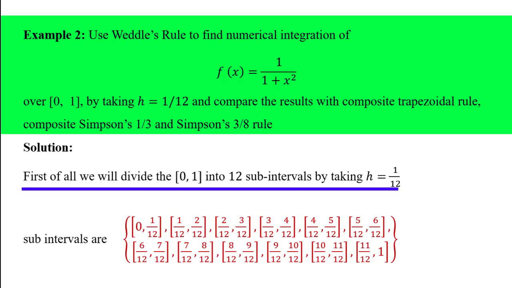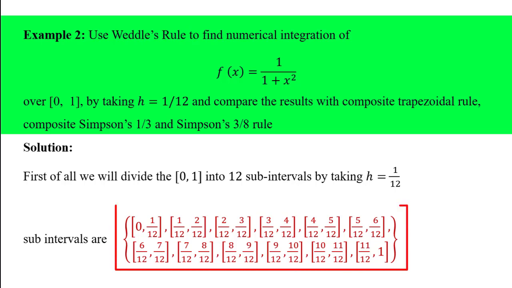Here we will subdivide our interval 0 to 1 into 12 subintervals, because the condition is that each subinterval should have width 1/12. So here we can use Boole's rule as well, because 12 subintervals is also a multiple of 4.